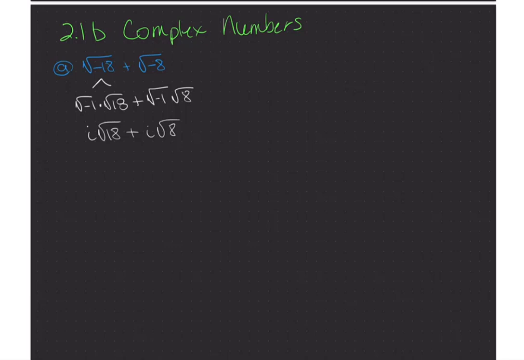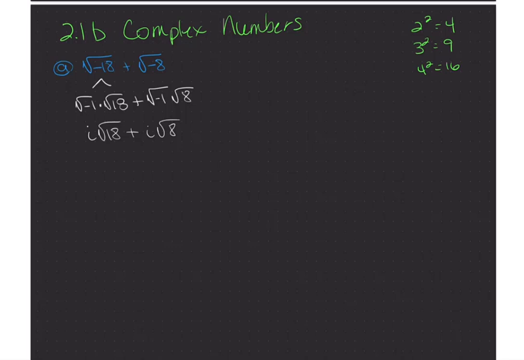So we're thinking of all of those perfect squares that we remember, where we know that 2 squared equals 4, 3 squared equals 9, 4 squared equals 16, and you can keep going with those numbers.